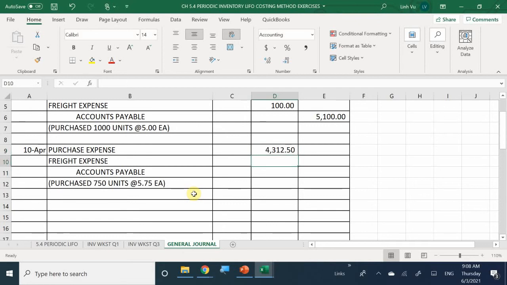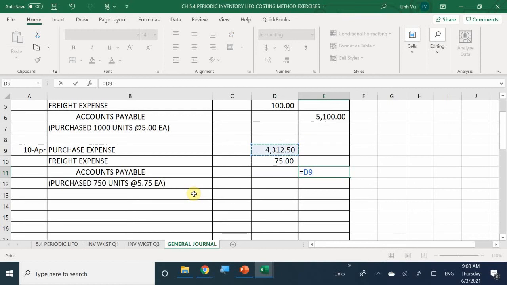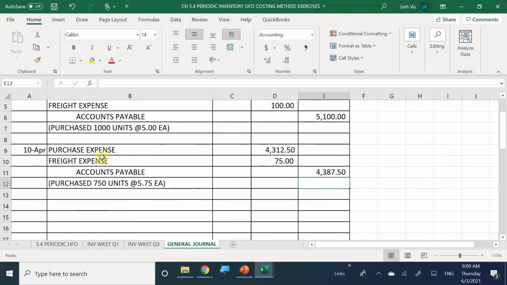What was my freight again? It was 75. So what's my total accounts payable going to be? $4,387.50. Good. Okay, I changed my notes here that we purchased 750 units at $5.75 each.